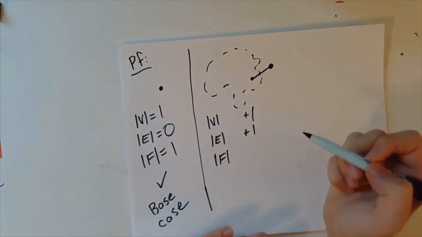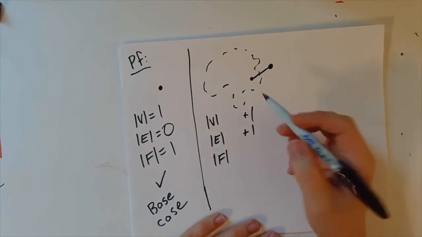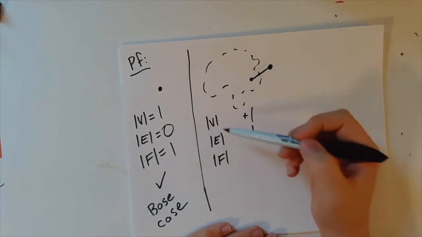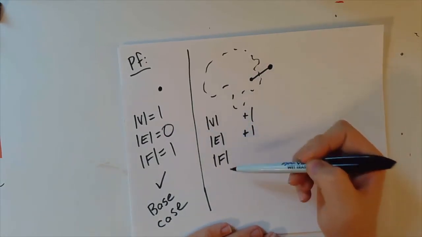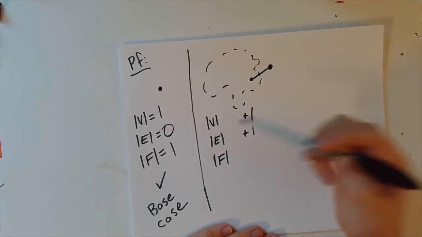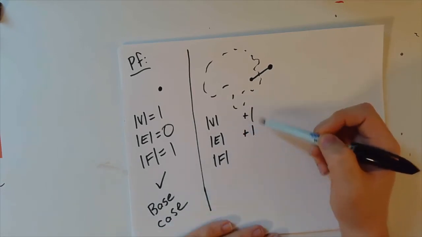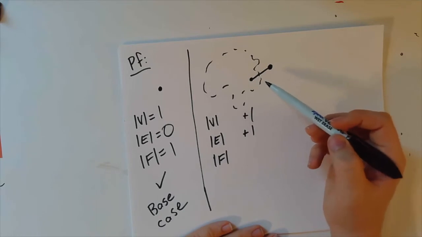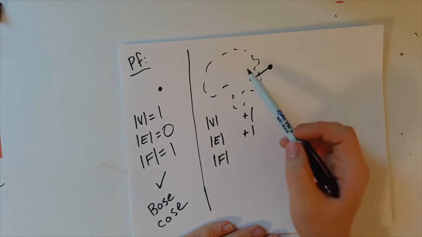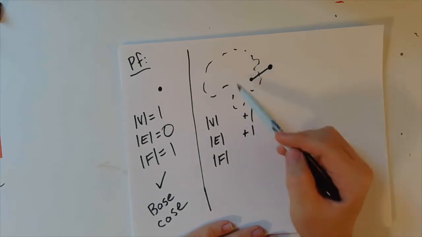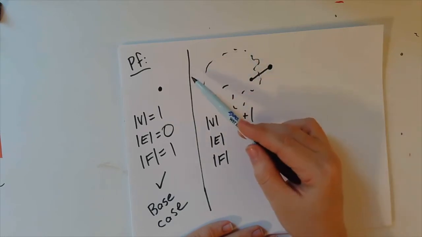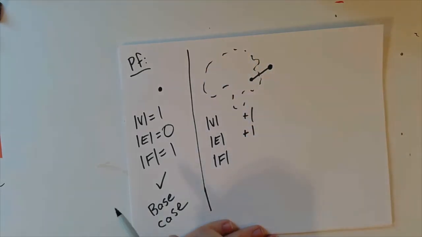And so when I did that, what did I end up doing? Well, I changed the number of vertices minus the number of edges plus the number of faces by 0, because plus 1 minus 1 is 0. And so my conclusion here is that as long as the graph started out satisfying Euler's theorem, it still satisfies Euler's theorem.